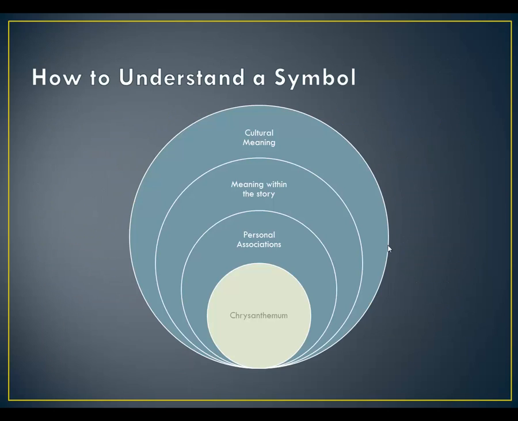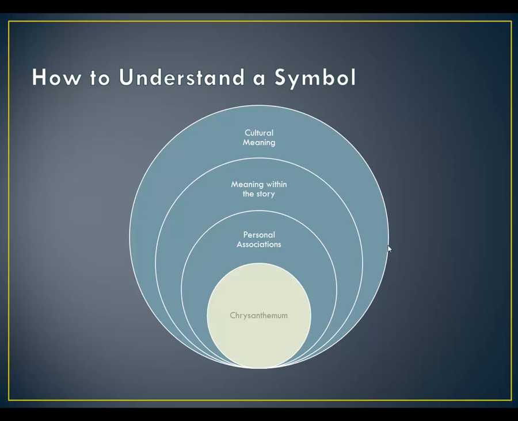So how do you understand a symbol? Once you've found and identified it, what do you do with it? This is where critical thinking really comes into play. If you're thinking about a chrysanthemum, there are your own personal associations that you have about this flower. And then there's a greater meaning as it has to do with the story. What do these chrysanthemums mean to the main character of the story?